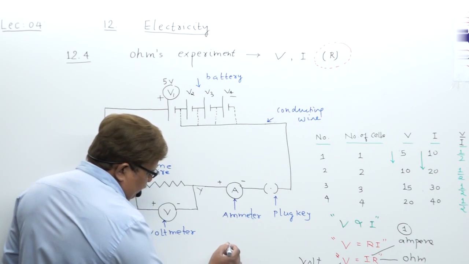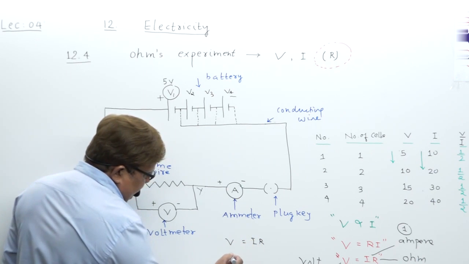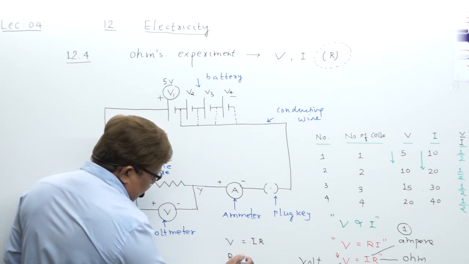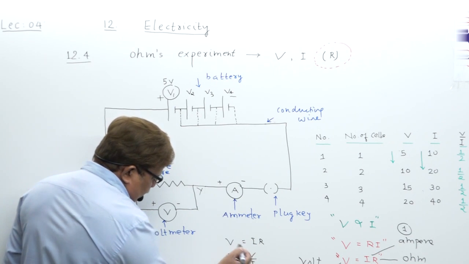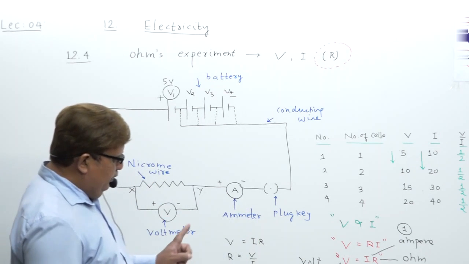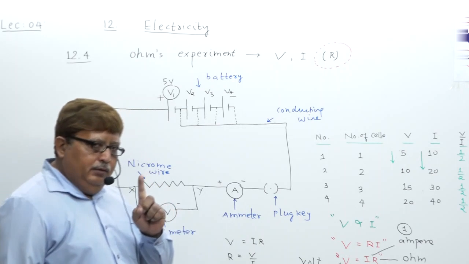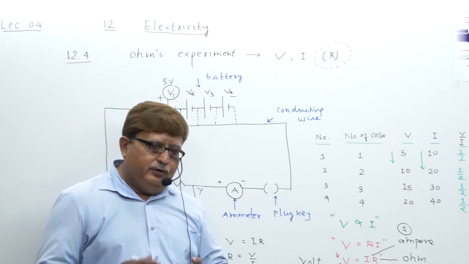From here, my dear student, V equal to IR, so R equal to what? V upon I. Now from here, you can easily define 1 ohm resistance.